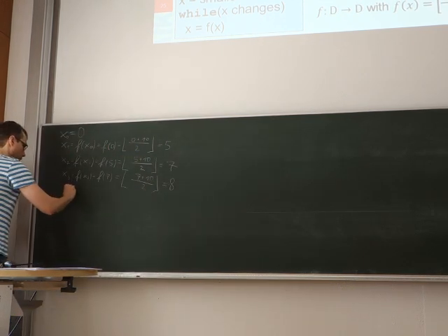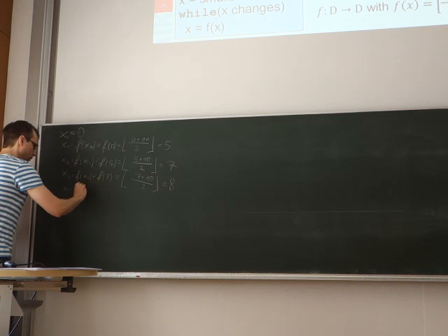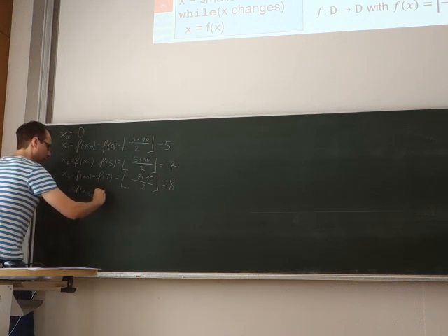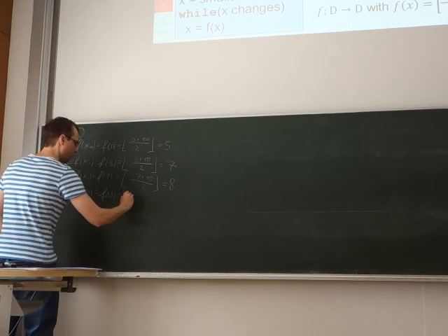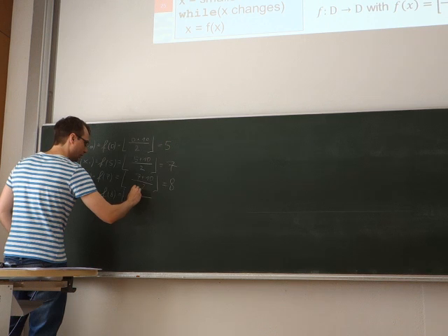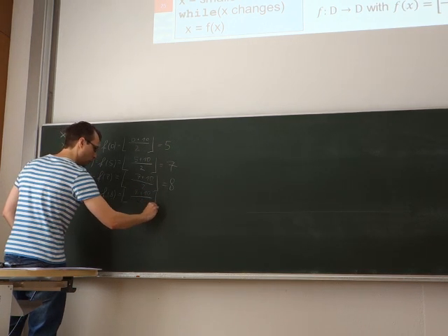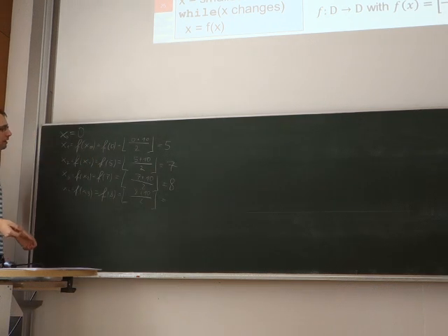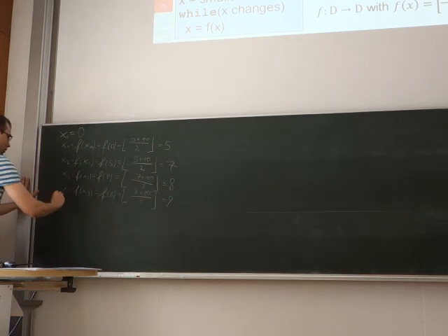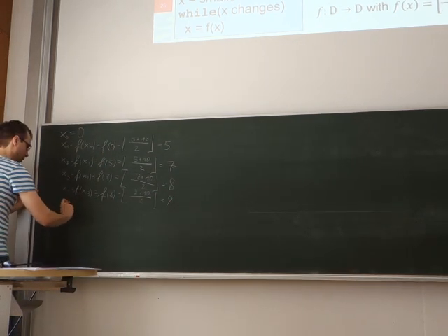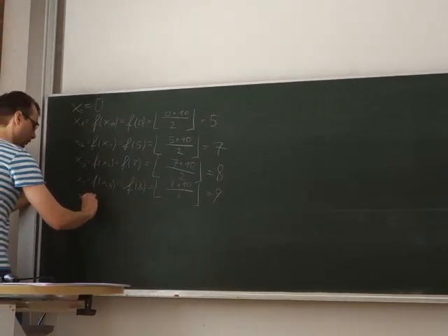Again it changed, so we have to continue. I see this is not really an ideal example because it requires a lot of writing. But now we should slowly converge. We have now (8 plus 10) divided by 2, which is 18 divided by 2, which is 9. Yet again, x changed, so we need yet another iteration.